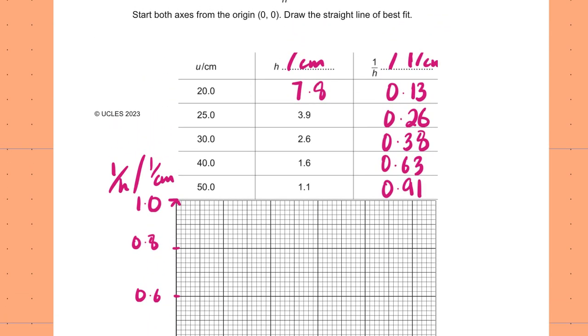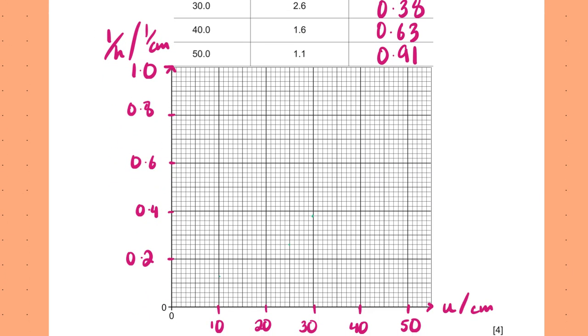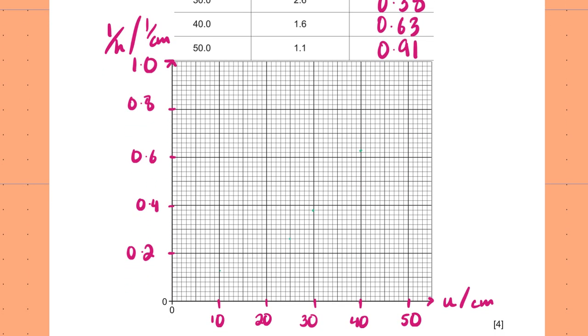And then you have 40 and 0.63. All right. And 50 and 0.91. So 0.9 and 0.91.